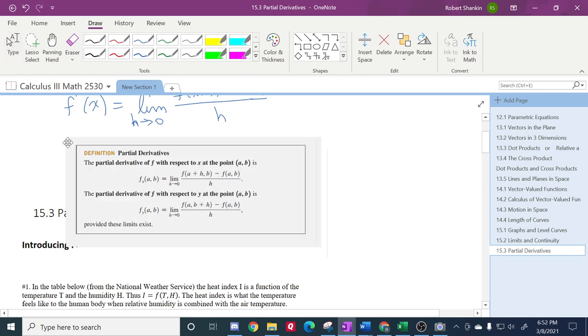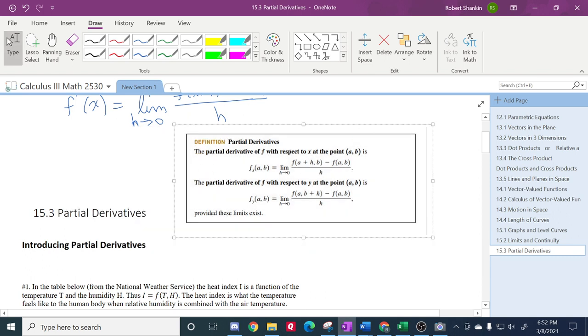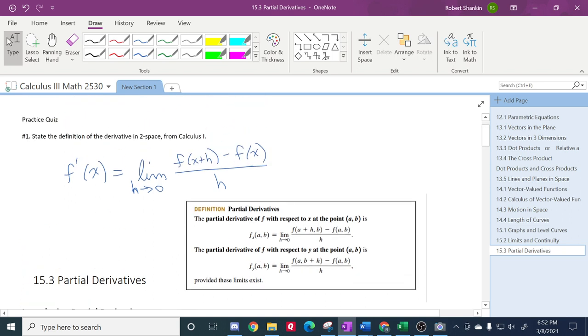Comparing these two definitions, there's only one input variable, and then you can put the prime.